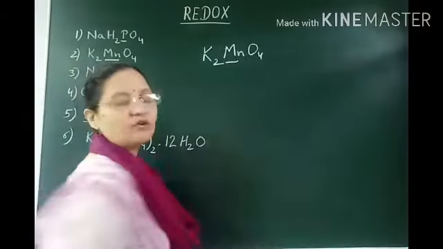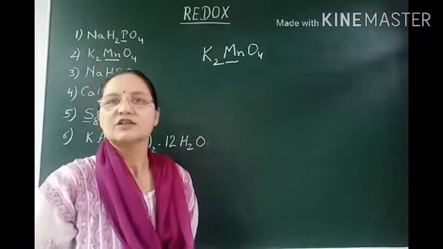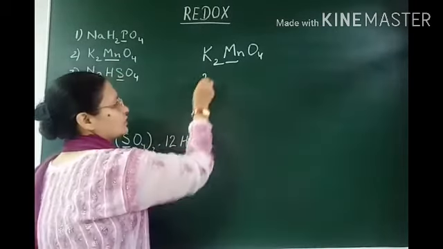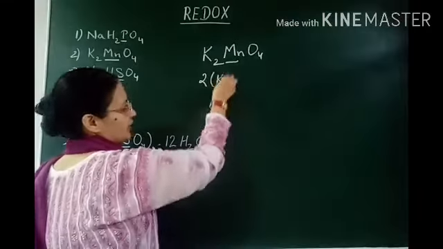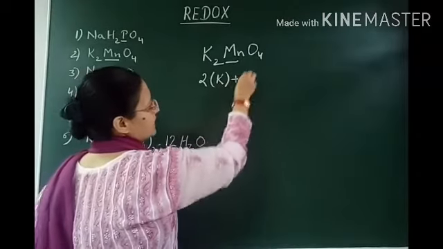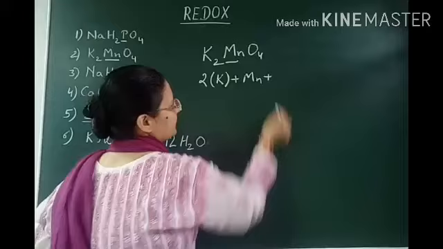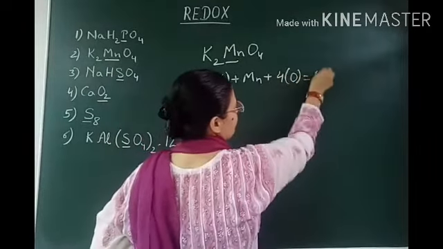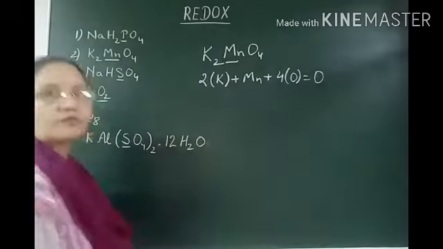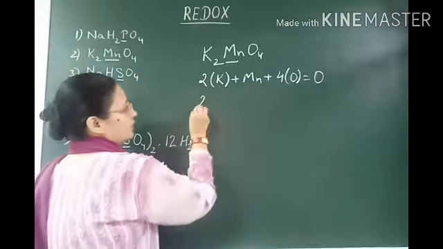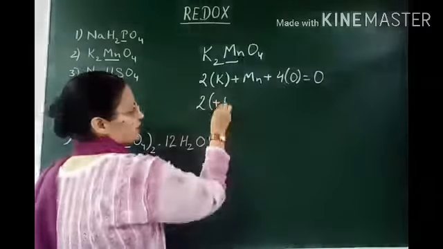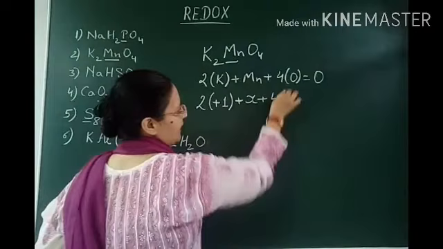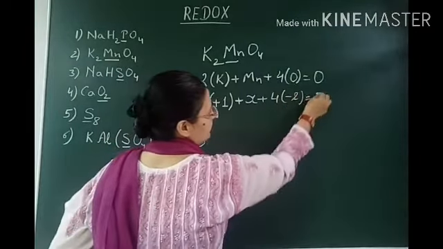The neutral molecule without any charge, so the total sum must be 0. 2 atoms of potassium plus manganese plus 4 of oxygen is equal to 0. 2 for potassium which has oxidation state +1, X for manganese and -2 for the oxygen.